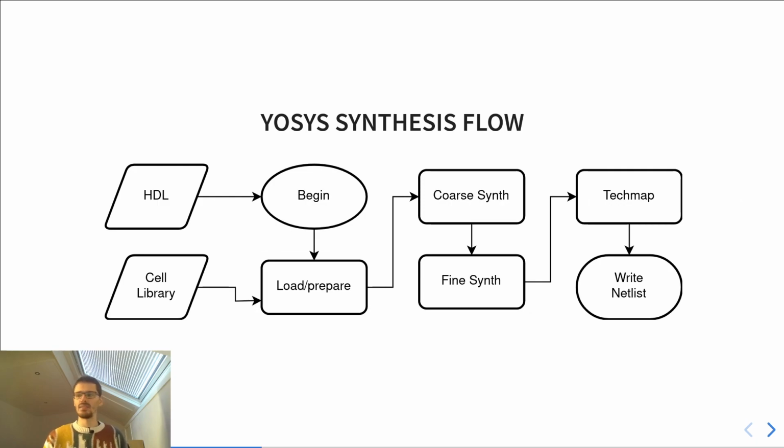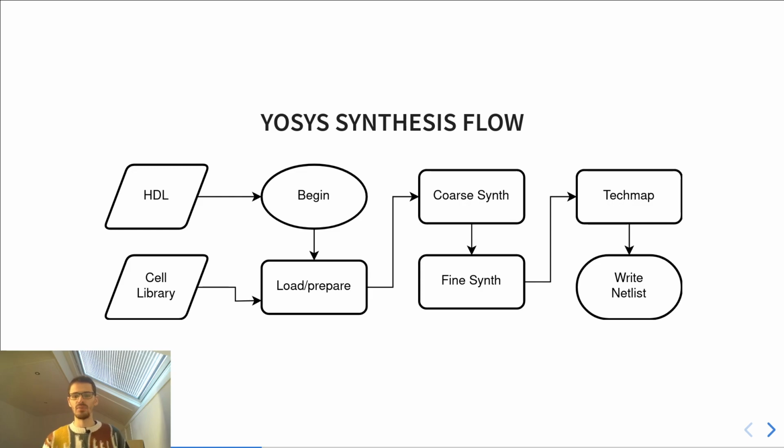So synthesis in Yosys basically starts with a hardware description language and a cell library that describes the primitives that the vendor provides. This part is described in the manual, so it's not too hard. First you load the hardware description language and your cell library.